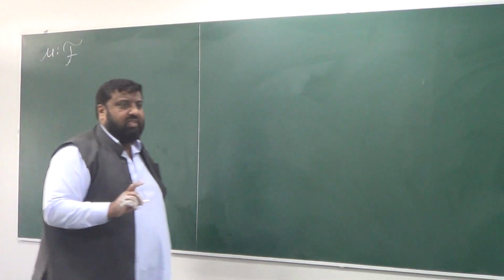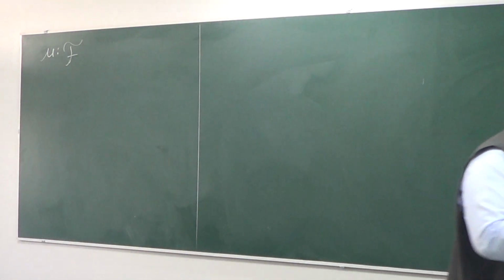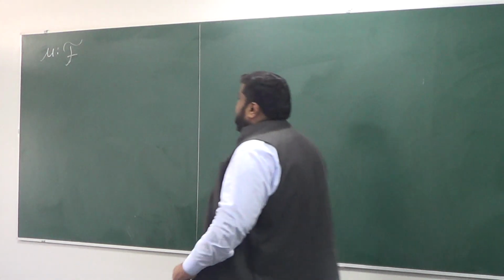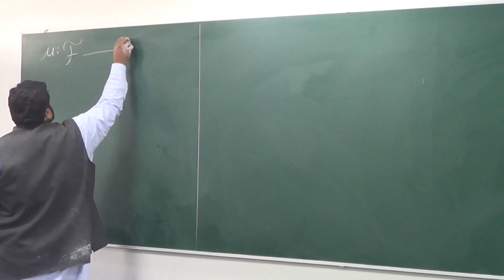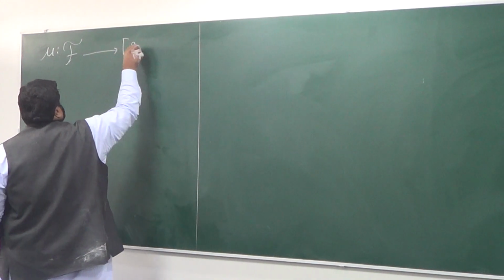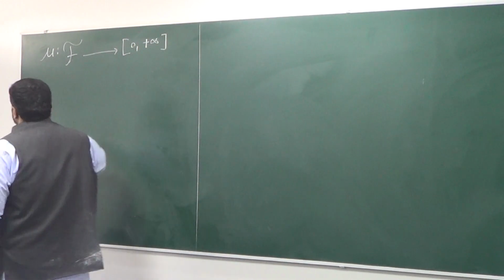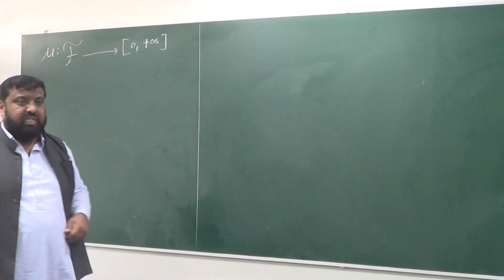It's a map that swallows a measurable set and gives you the measure of that set. So mu is a map from the sigma-algebra into the set 0 to plus infinity, where plus infinity is included. We are talking about the extended real line.